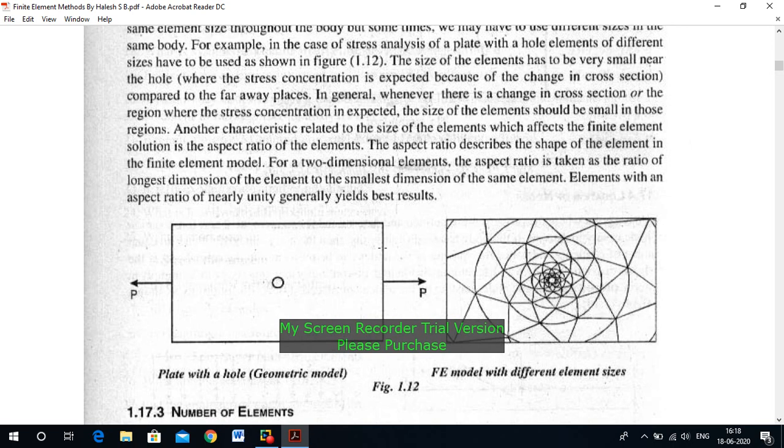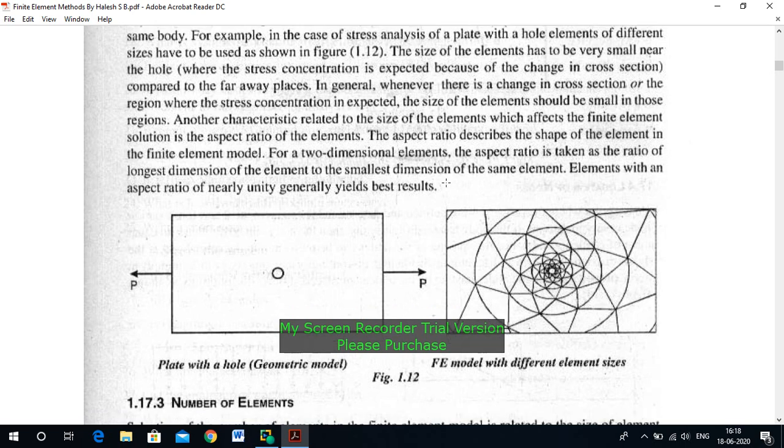If the size of the element is uniform, the accuracy of the solution obtained is high. And if the element size is not fine, the accuracy of the solution obtained is not good, it is not accurate. That is very important. The size of the element is very important while solving an engineering problem.